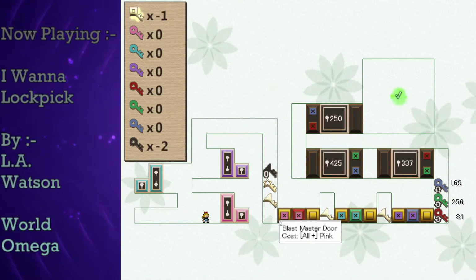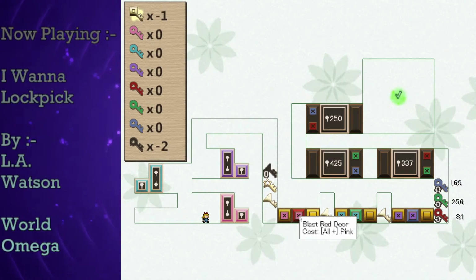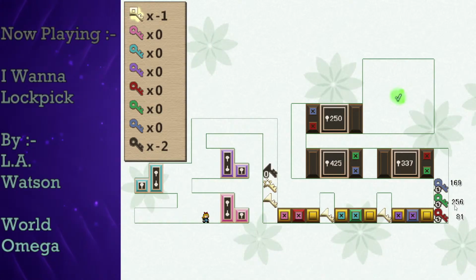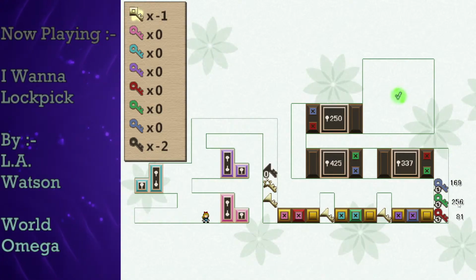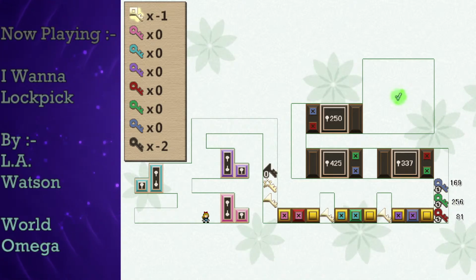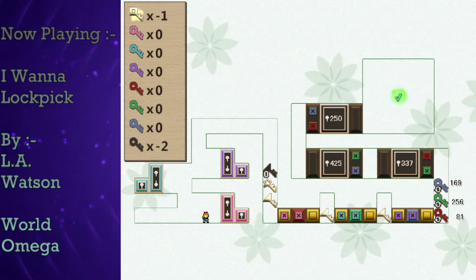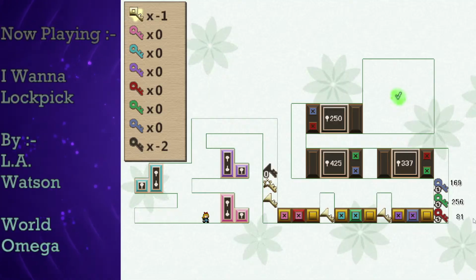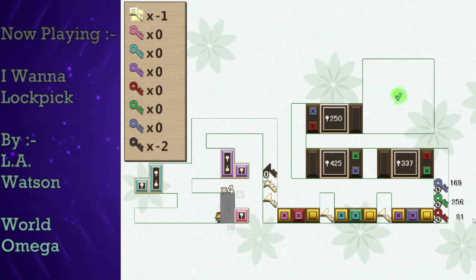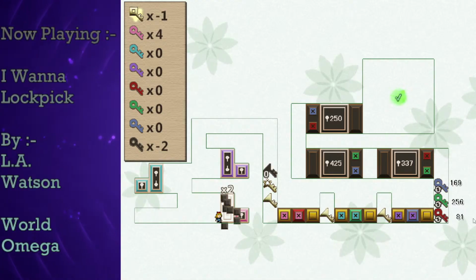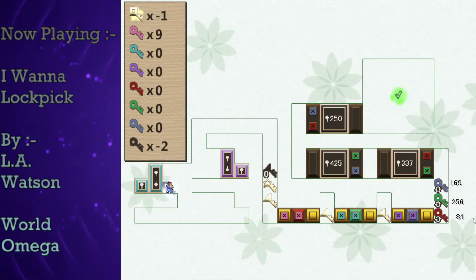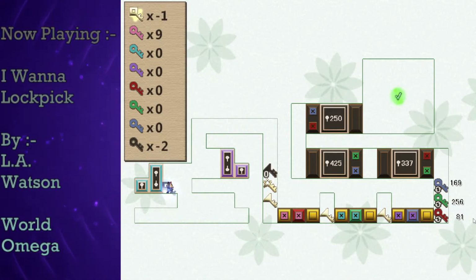So all we need to do is, oh, these are all squares, that's why 169 is 13 squared. This is 16 squared, I'm pretty sure. Yeah, and this is 9 squared, so we get 2, 9, and this will be green, right?